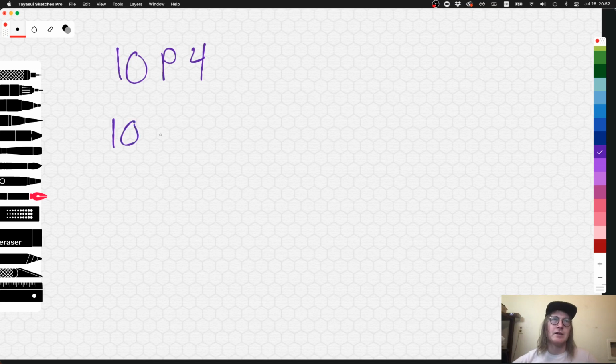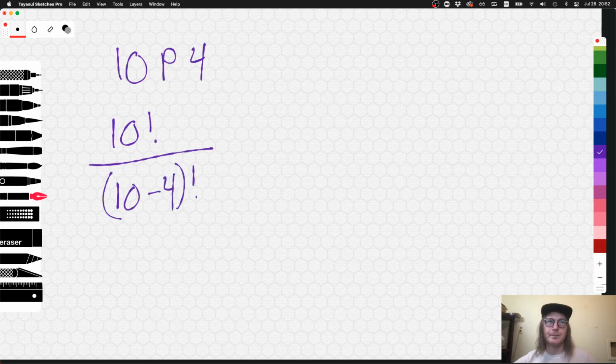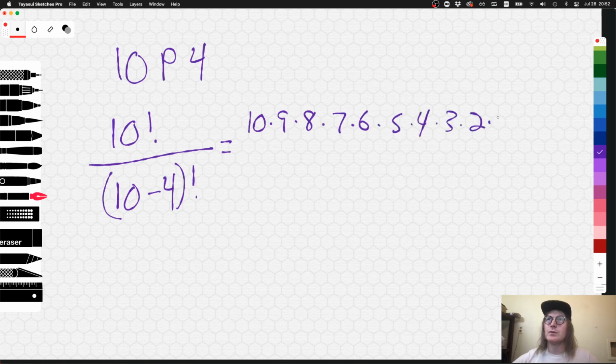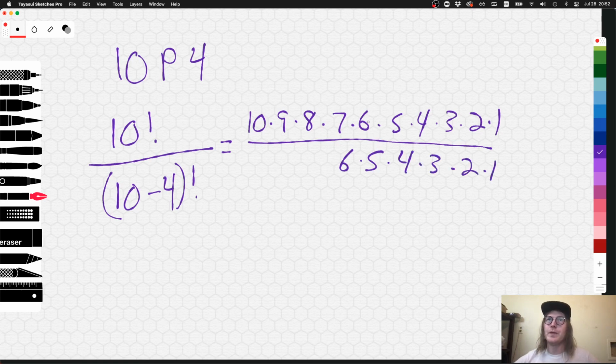We've got 10 factorial over 10 minus 4, the result of that factorial. So we can say this is 10 times 9 times 8 times 7 times 6 times 5 times 4 times 3 times 2 times 1. 10 minus 4 is 6. It's going to be 6 times 5 times 4 times 3 times 2 times 1.